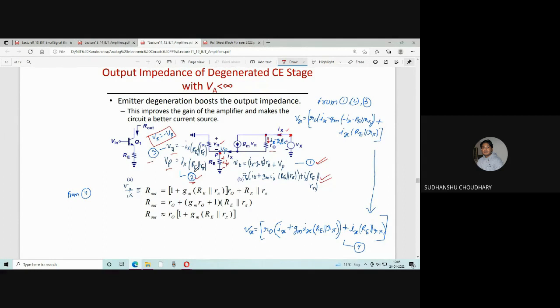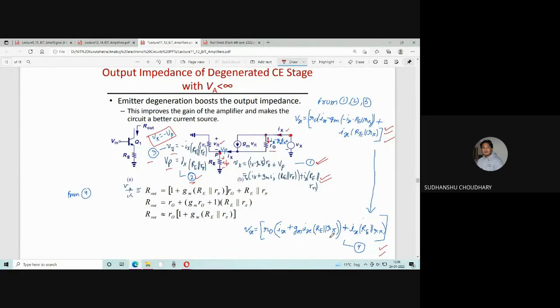From these three equations, one can write Vx as equal to this much. Now from this, one can further write Vx as this. In fact, both these are the same; this equation and this equation are the same.